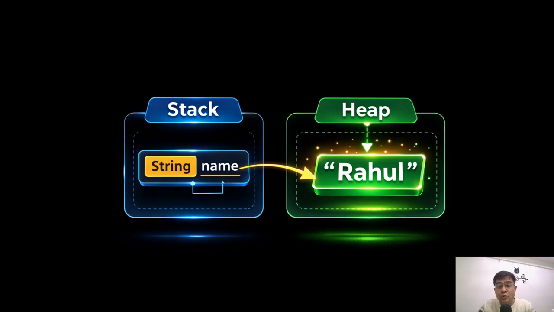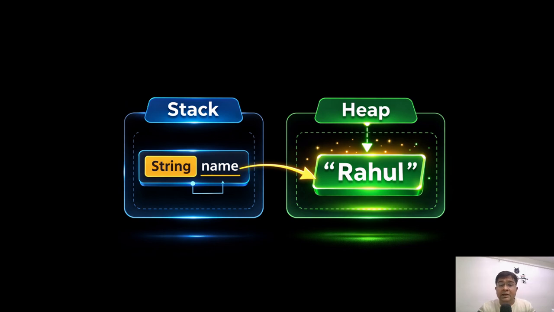Instead, it stores the reference of the object. The actual object, Rahul, is stored in heap memory. So the point to remember here is that the primitive data type stores the value directly, but the non-primitive data type stores the reference.